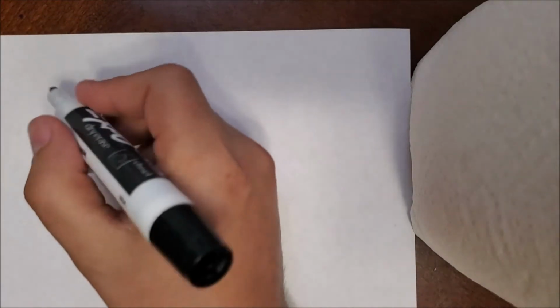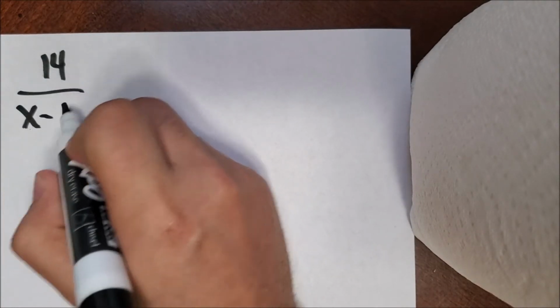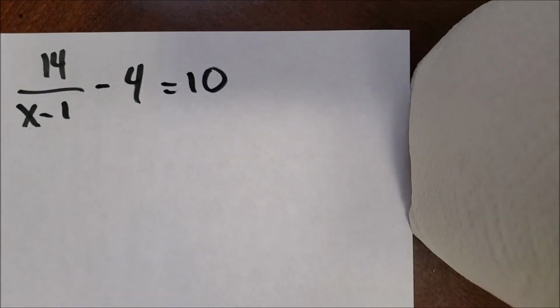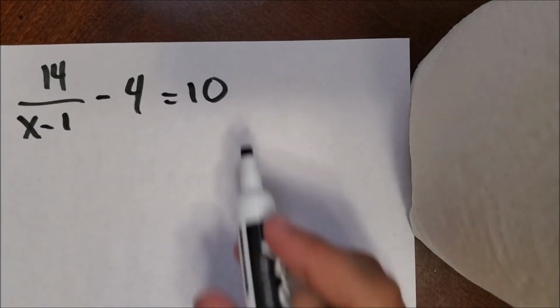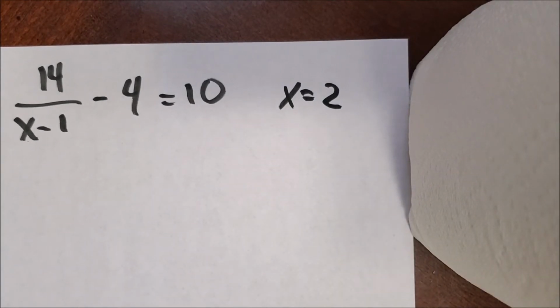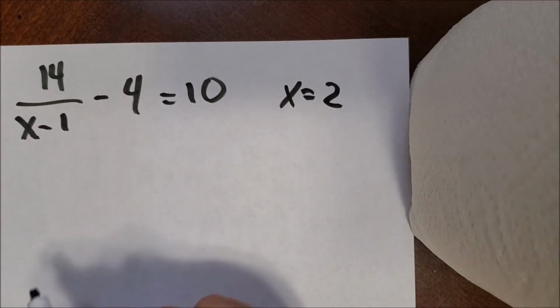Let's do another example. Suppose we had something like 14 over x minus 1, minus 4, equals 10. And we're going to test x equals 2. So we plug in 2 on the bottom.